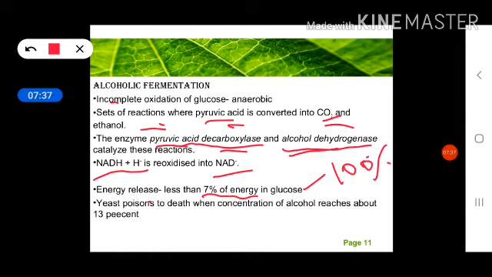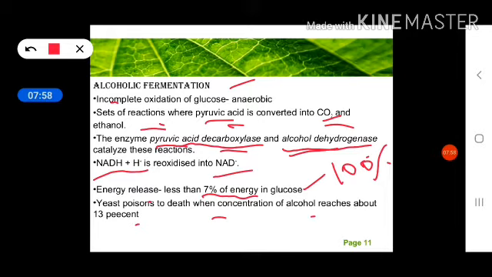In this process, oxygen is required, while for fermentation, oxygen is not required. For glycolysis also, oxygen is not required. Okay, and in this process, CO2, water, and a large amount of energy will be obtained. In aerobic respiration, the pyruvic acid will enter into the mitochondria.